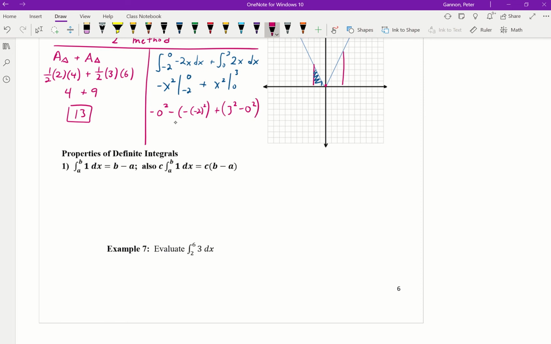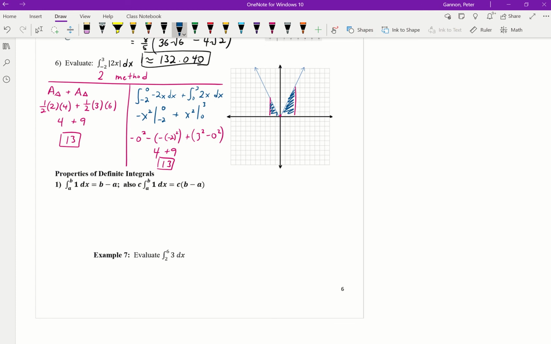So that's obviously going to be 0. Now, negative 2 squared is positive 4. Positive 4 times negative 1 is negative 4, and then negative 4 times negative 1 is positive 4. And then we've got 3 squared, which is 9, minus 0, and that's where you get 13 as well. So there are times when you have to evaluate the integrals individually because of those sharp turns.